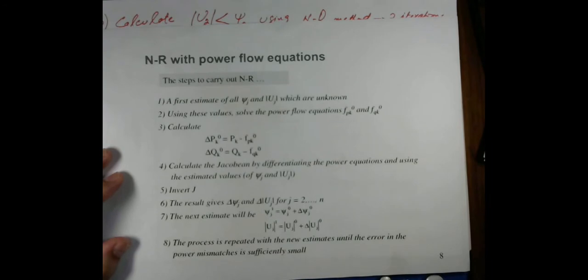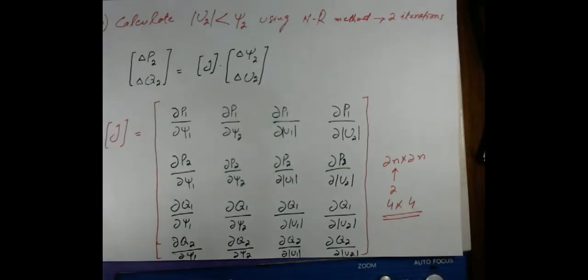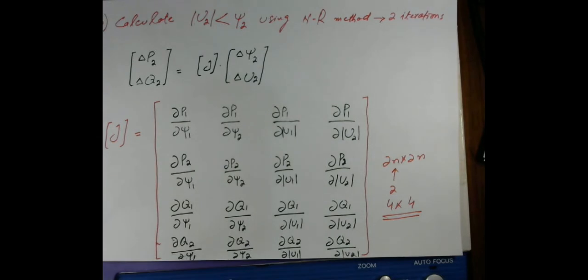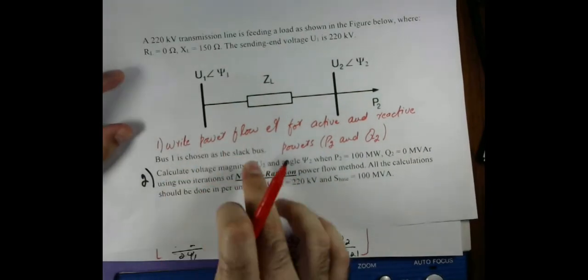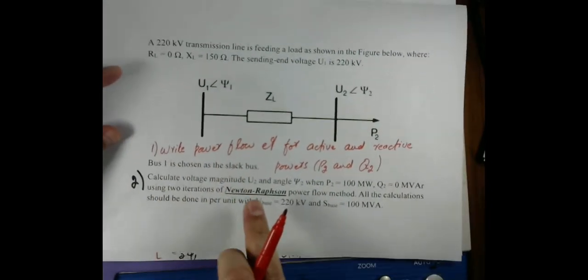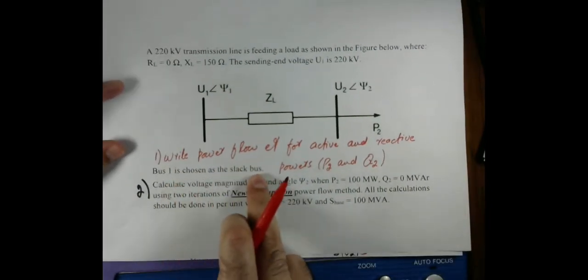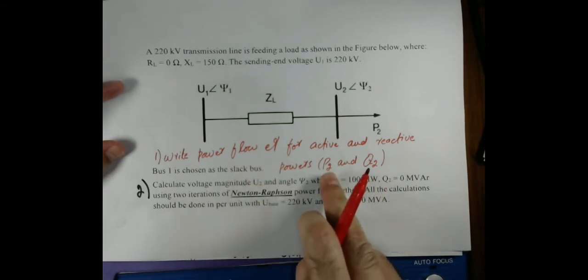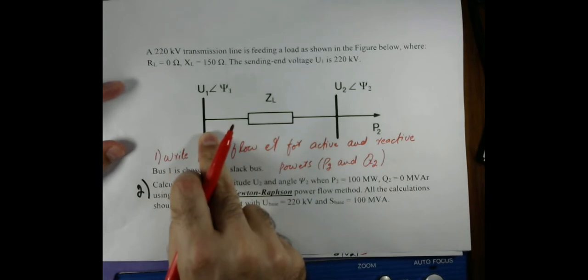As we know, for the slack bus, which is bus number 1, we don't know the active and reactive power at this particular bus.